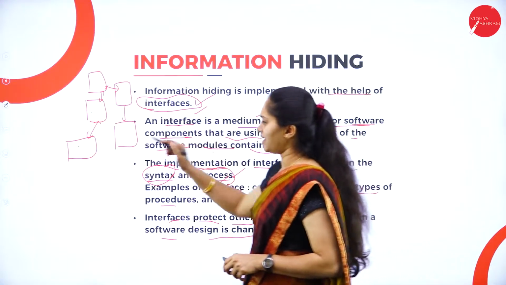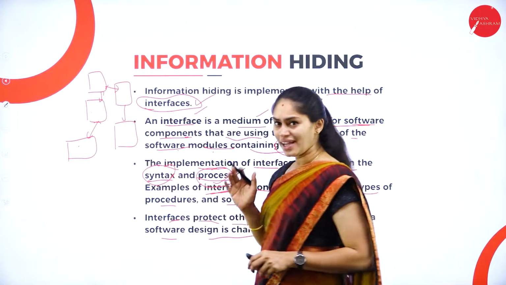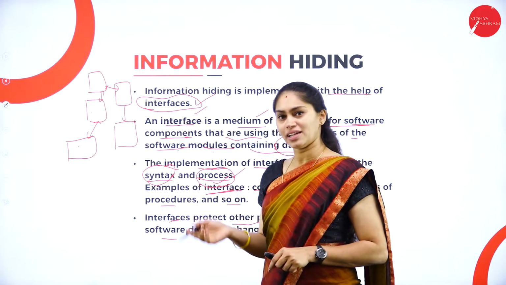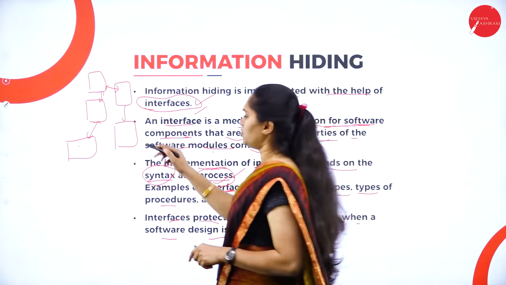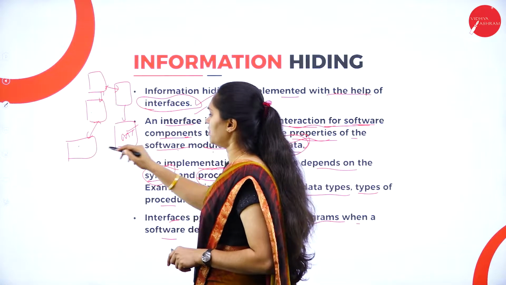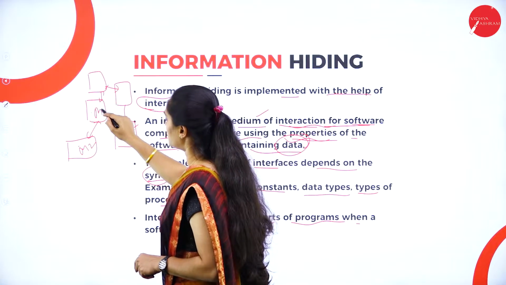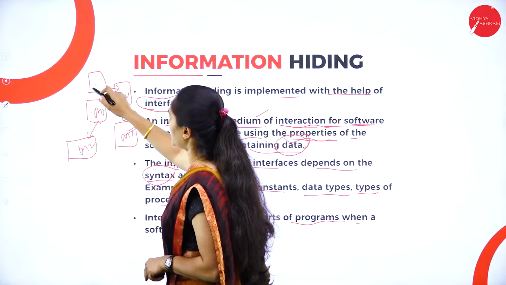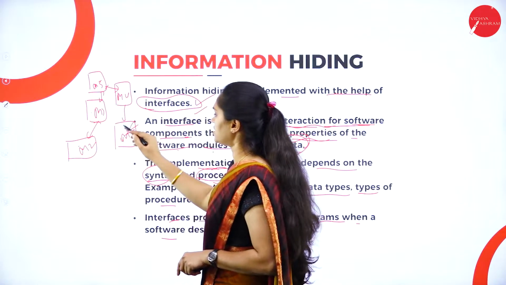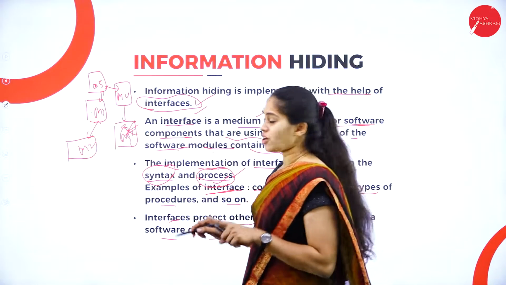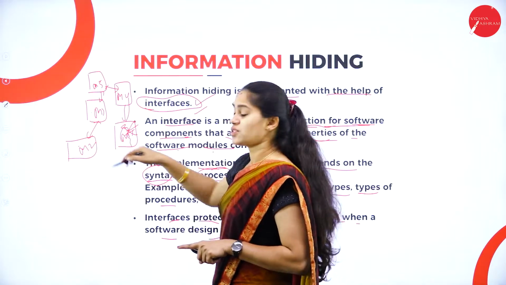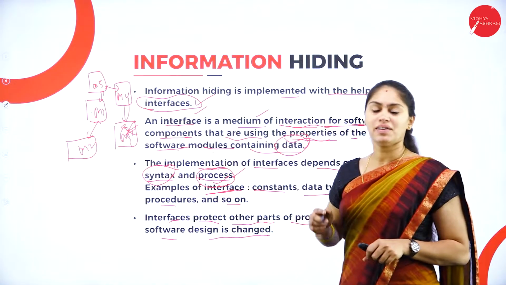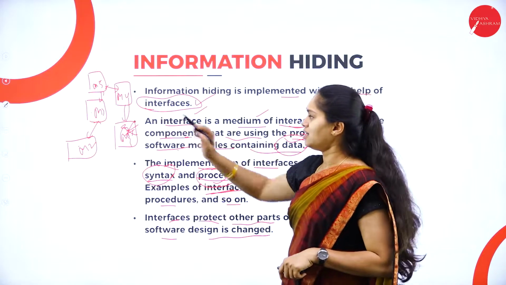When all these modules are independent of each other, if I am making some changes to module 1, module 2, module 3, module 4, and here I have module 5, then changes to module 1 should not affect module 4, and a module should not be affected when changes are made in other modules.